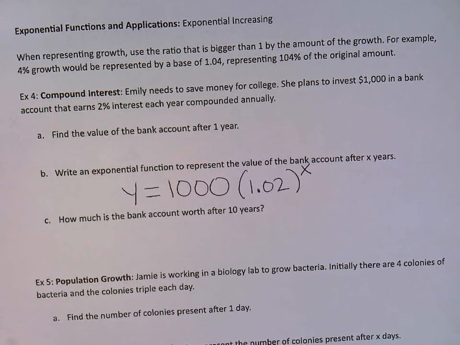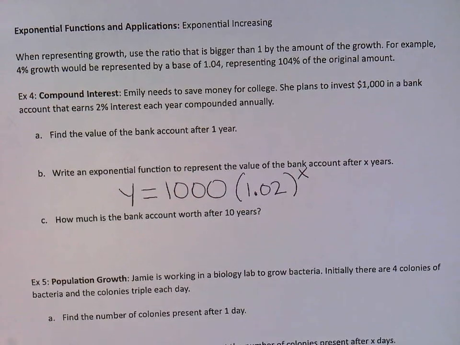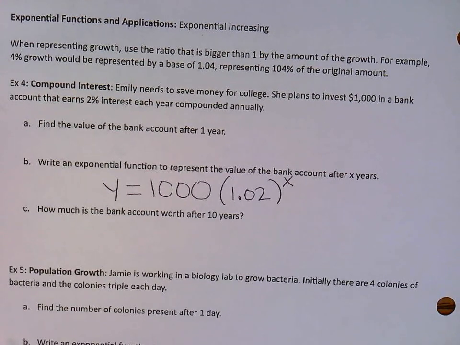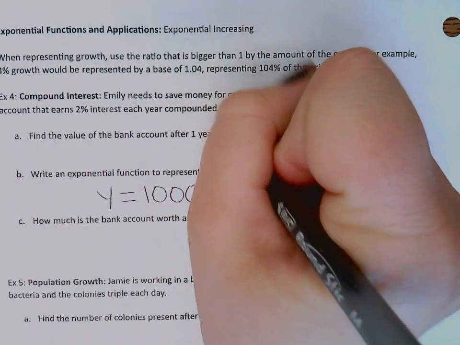It should be growing. So if you were doing this correctly, year 1 should be just $1,020, right?